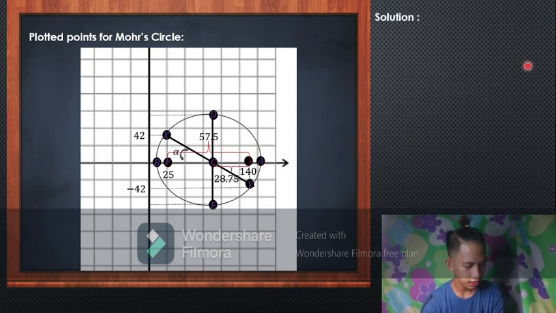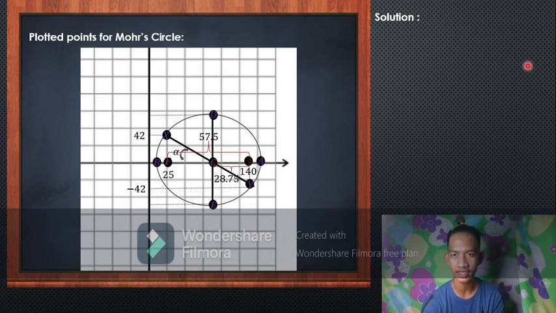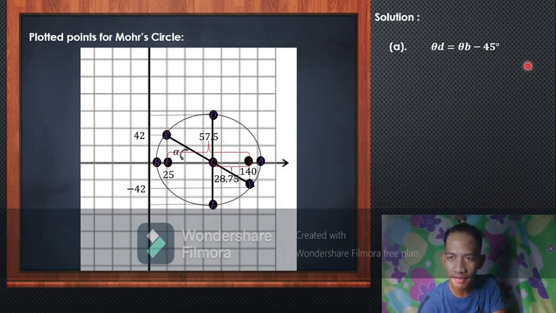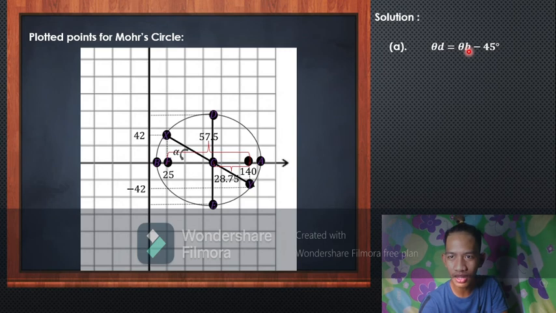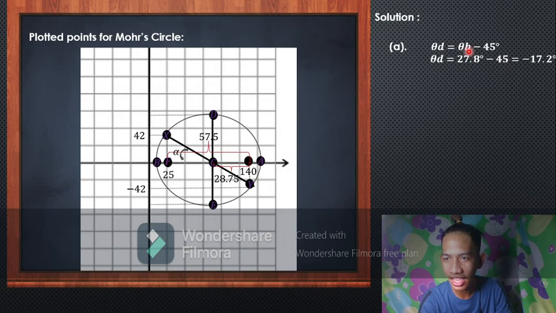At this point, we need to solve what is being asked in the question. First, the orientation of the planes of maximum in-plane shearing stress. We have a formula, theta D is equal to theta B minus 45 degrees. Since we have the value of theta B, we input the values, and we get theta D, which is negative 17.2 degrees.